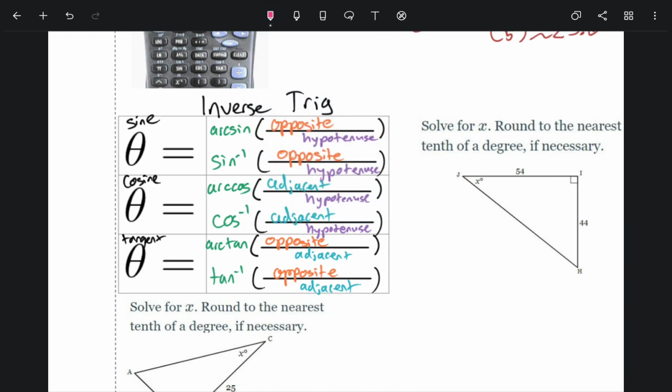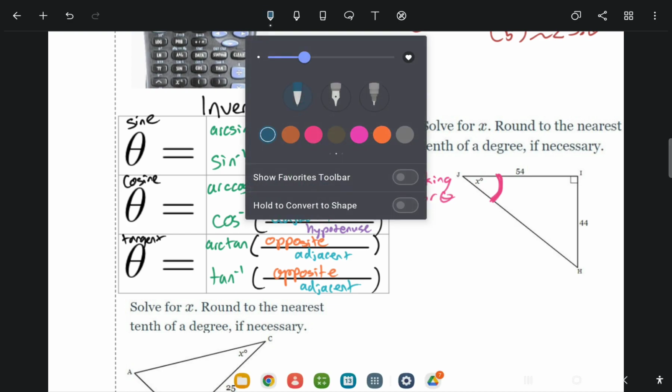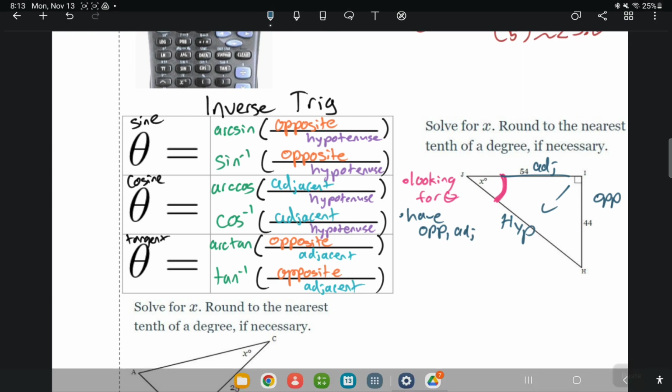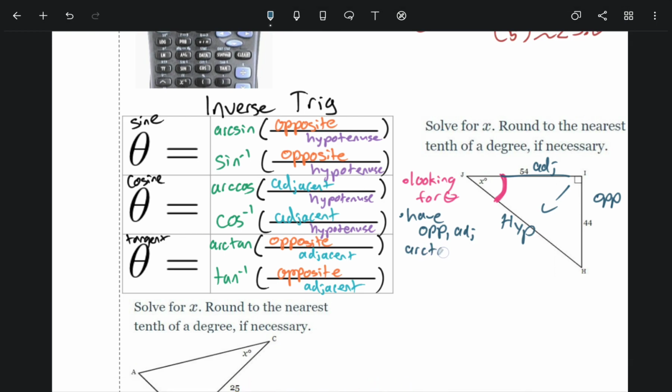So as we see in this example over here, we are looking for x, which is the angle. Let's label our sides real quick. This is our hypotenuse, this is our adjacent, and this is our opposite. So as we can see, we have our opposite and adjacent, so we are going to be using arctangent.